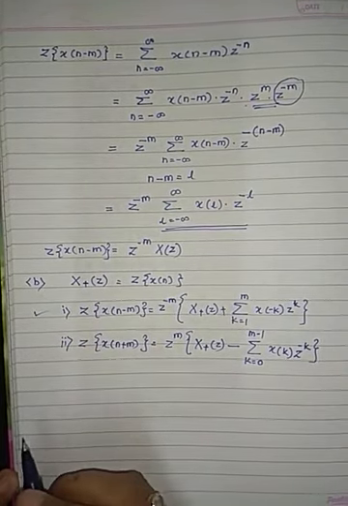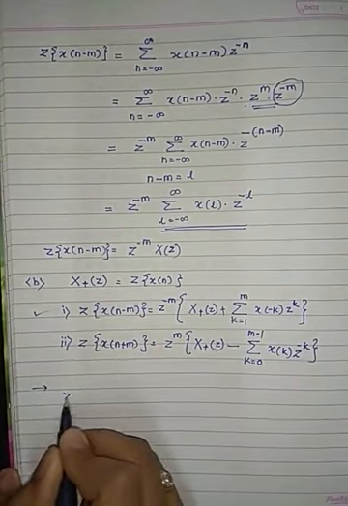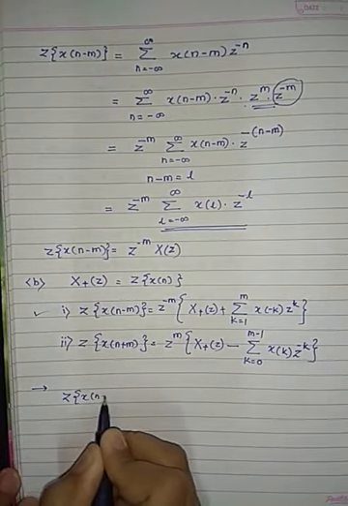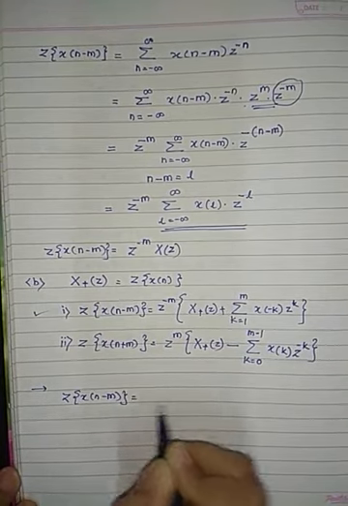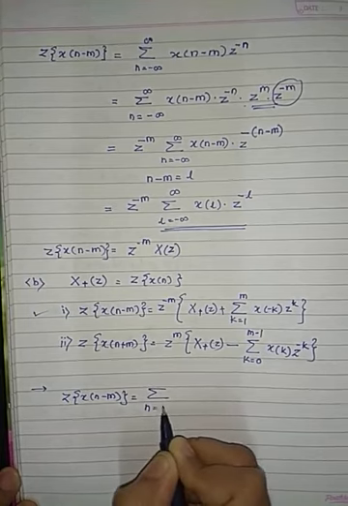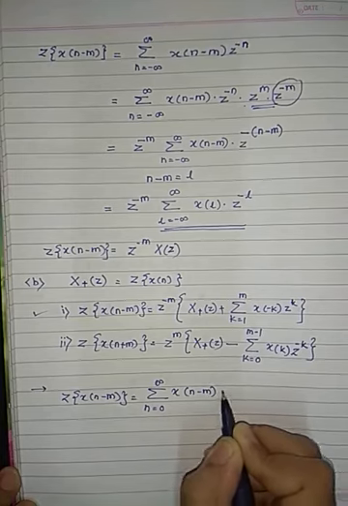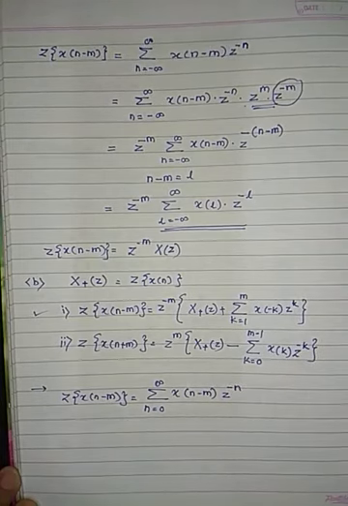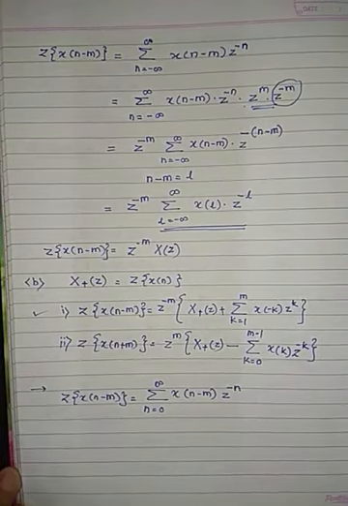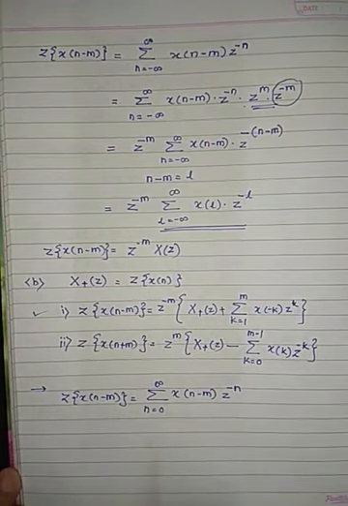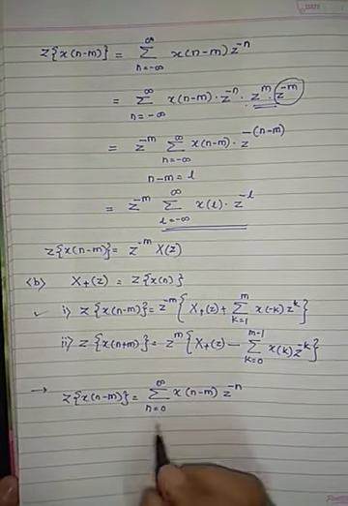Considering this, the proof of the first time shift is: z of x of n minus m is equal to the summation from n equal to 0 to infinity of x of n minus m z raised to minus n, according to our definition, as it is a causal sequence.